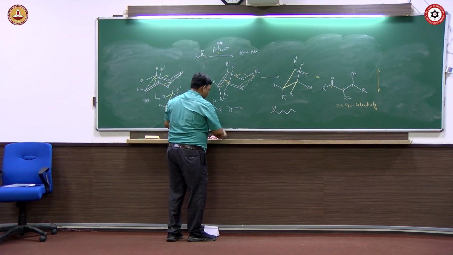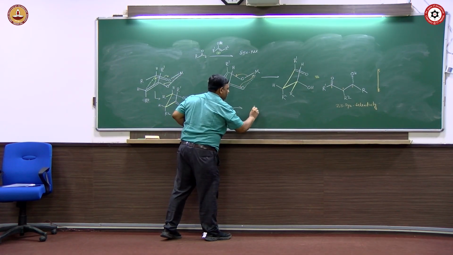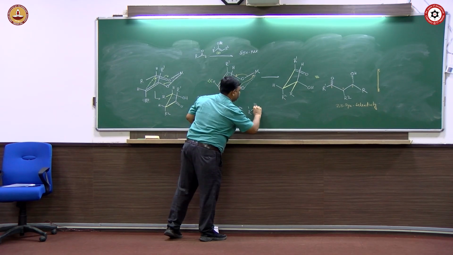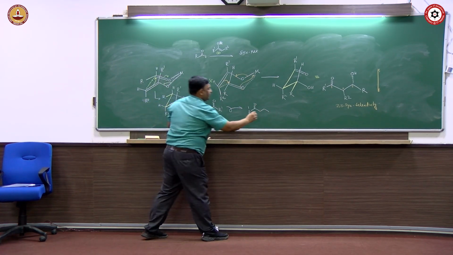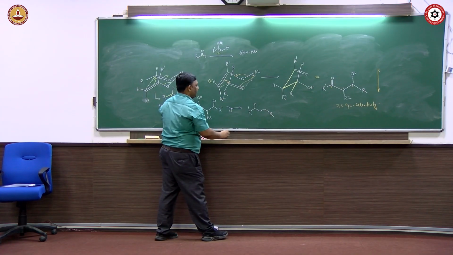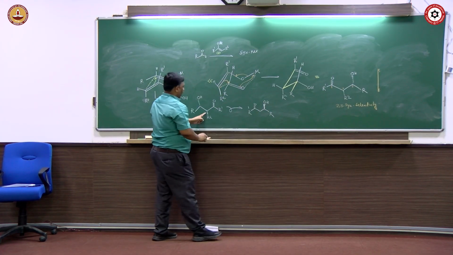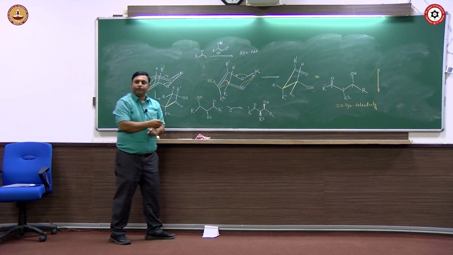So what exactly is going to happen if you do that? So when it goes to that side, R comes here and the OH becomes a beta, and then R2 also becomes a beta for this one.